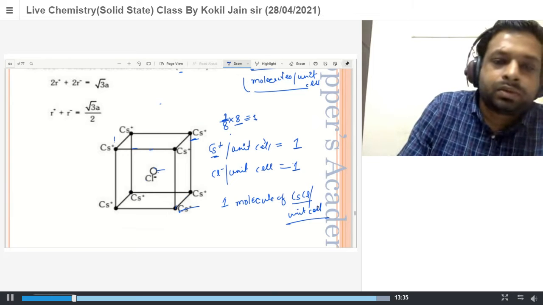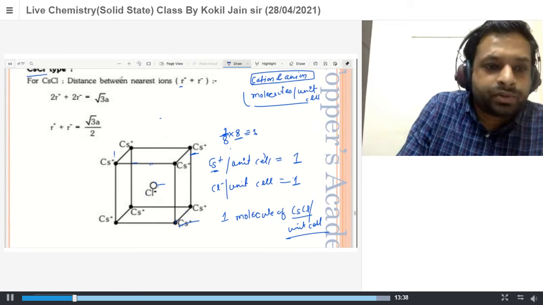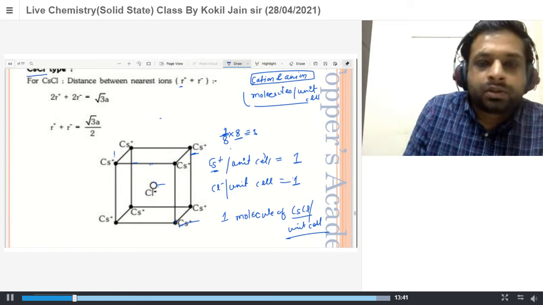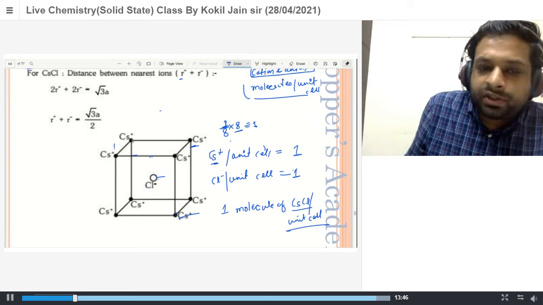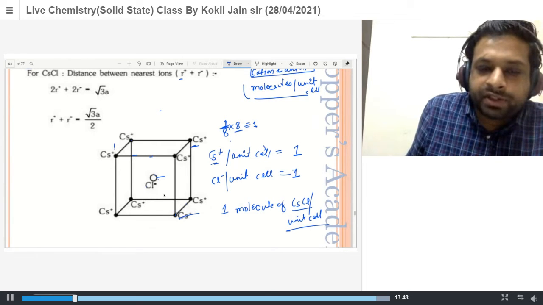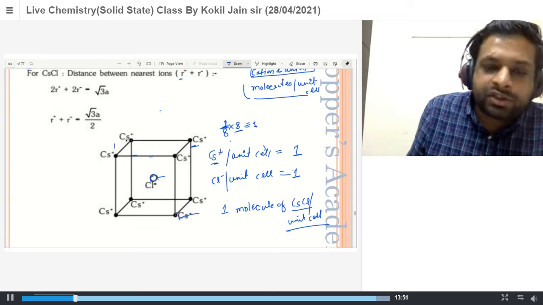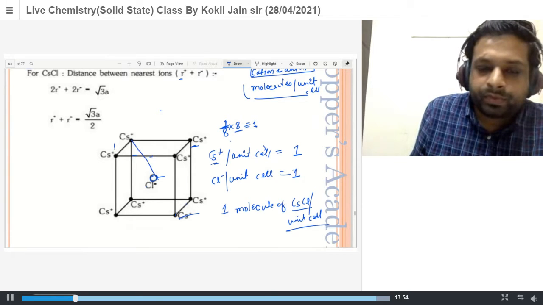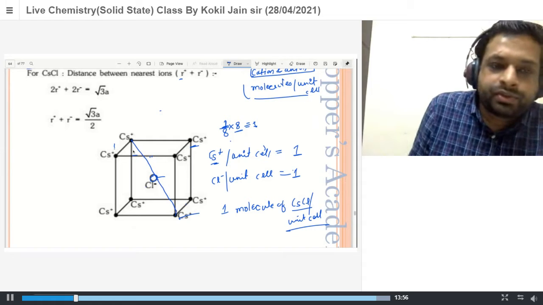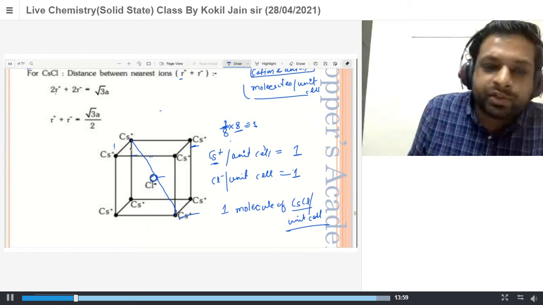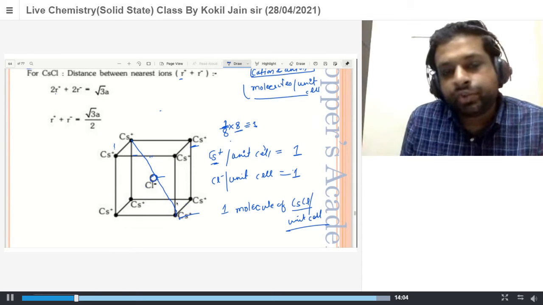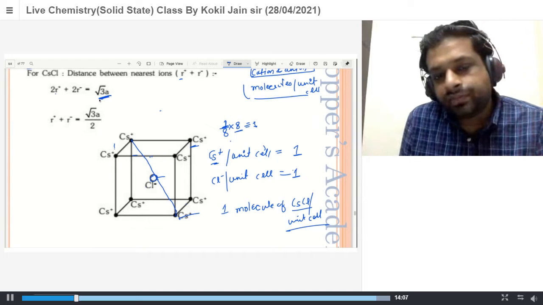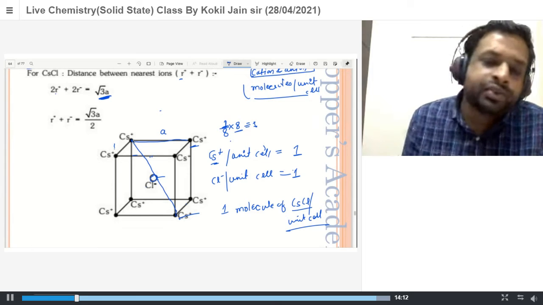Yes, sir. Now see here, if cesium is present on the corner site and chlorine on the body center, across this bond the arrangement is like this. The body diagonal of the unit cell, whose edge length is a, is root 3a.